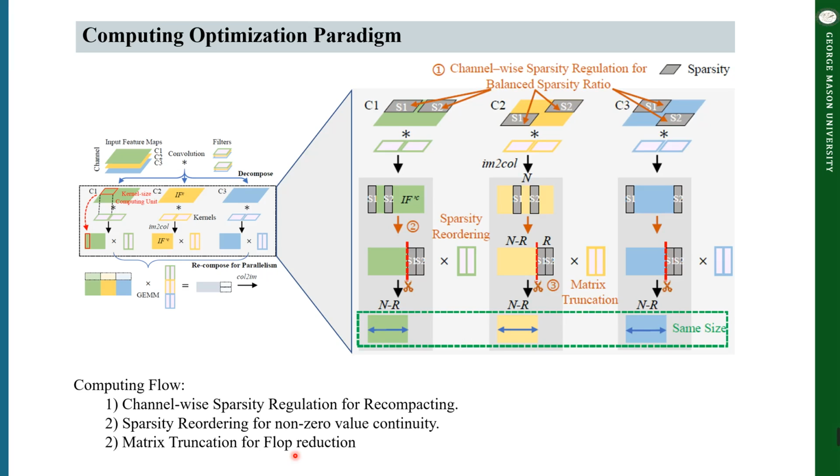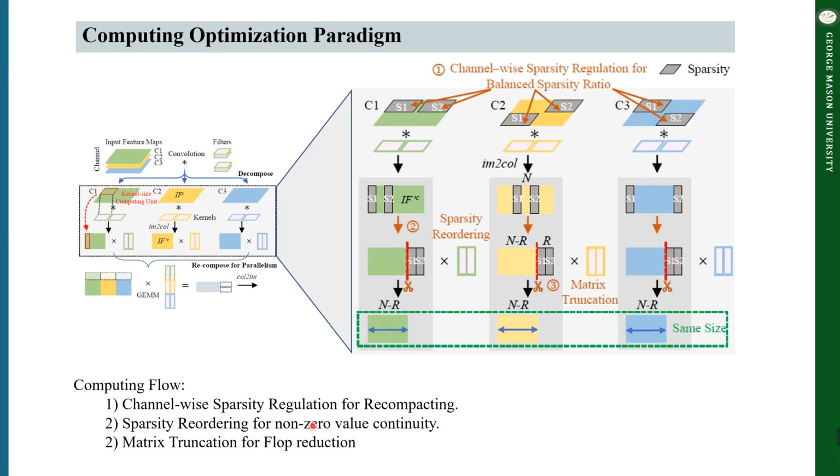Therefore, we further propose the computing optimization paradigm to achieve hardware efficiency. First, we do the channel-wise sparsity regulation to make the sparsity ratio on each feature map identical.